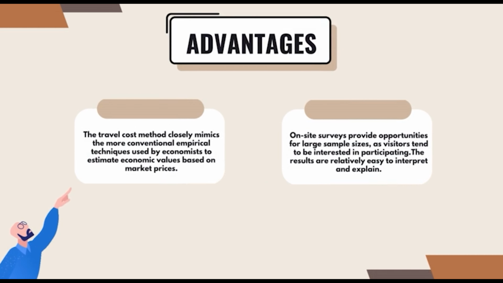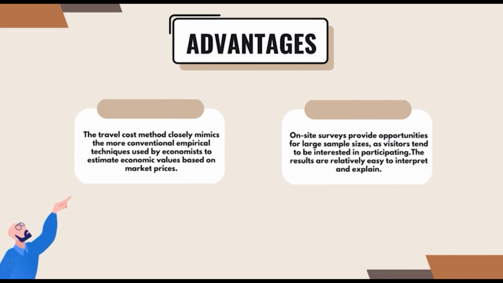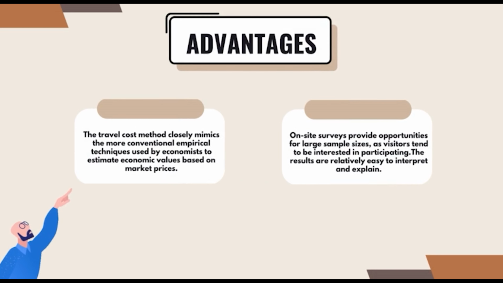The method is relatively inexpensive to apply, and on-site surveys provide opportunities for large sample sizes, as visitors tend to be interested in participating. The results are relatively easy to interpret and explain.